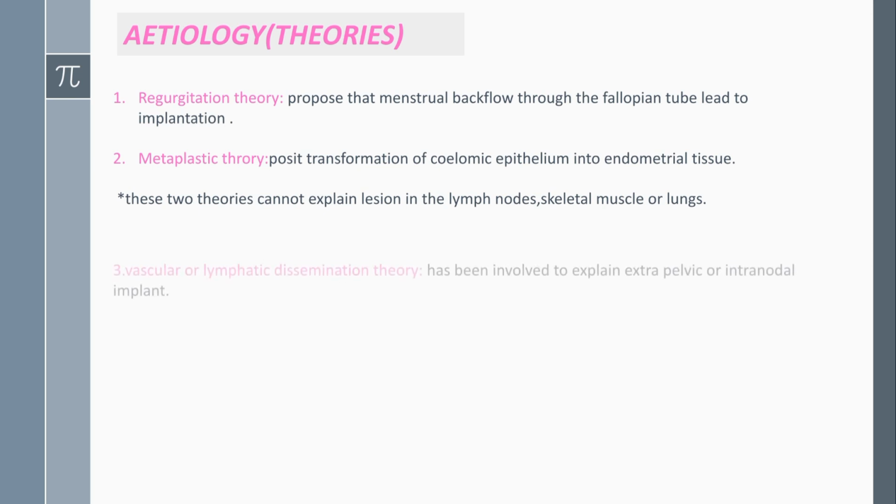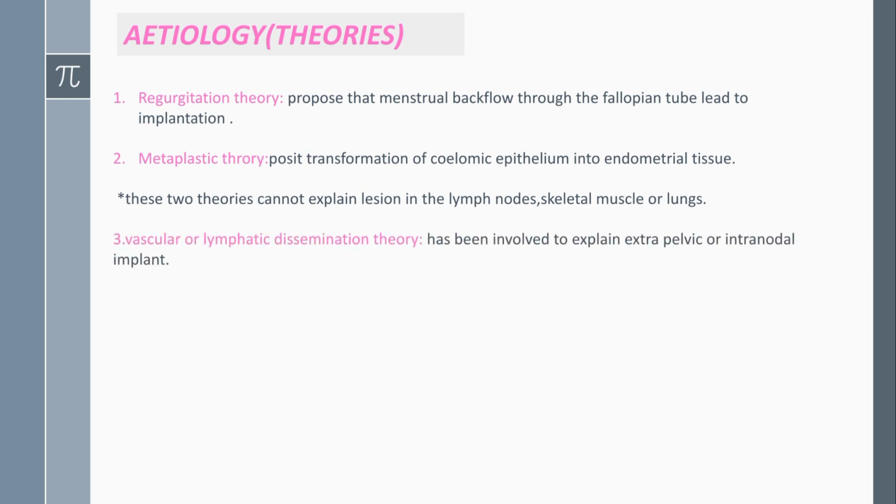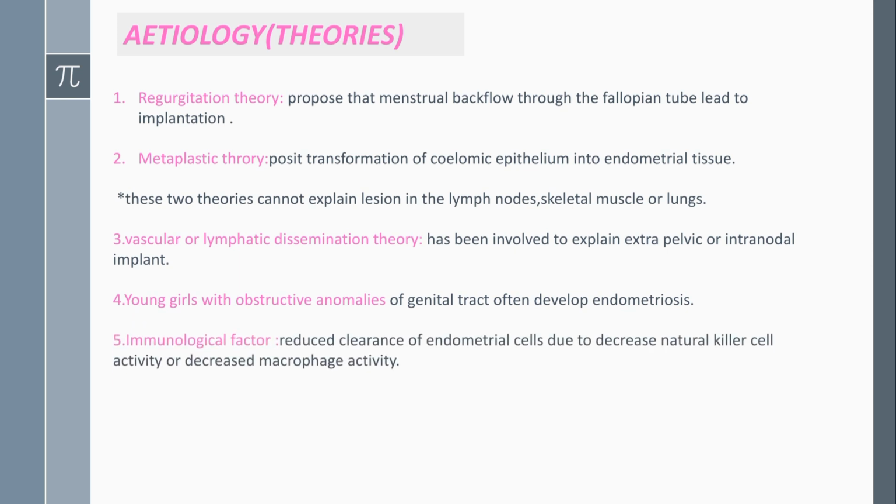So another theory, the vascular or lymphatic dissemination theory, has been involved to explain extrapelvic or intranodal implants. Young girls with obstructive anomalies of the genital tract often develop endometriosis. And finally, immunological factors reduce the clearance of endometrial cells due to a decrease in natural killer cell activity or a decrease in macrophage activity.